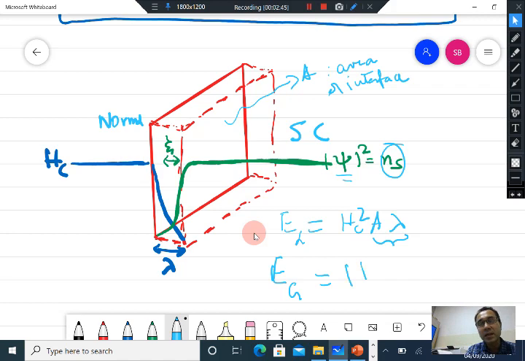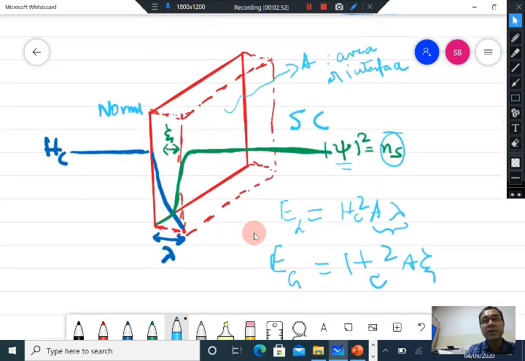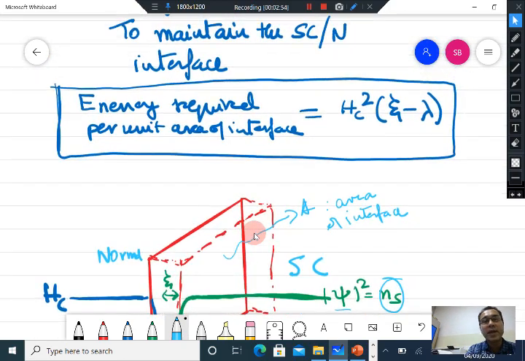So this gain in energy is nothing else but Hc square A into xi, and this leads to the energy difference that we came across, that the energy for maintaining this interface per unit area A of the interface is equal to Hc square (xi minus lambda). Minus lambda because that is the loss in energy, and plus xi is because of the gain in energy. So it is proportional to xi minus lambda.